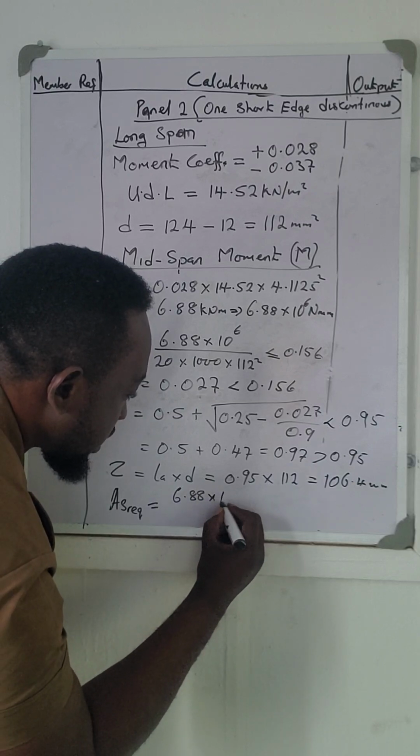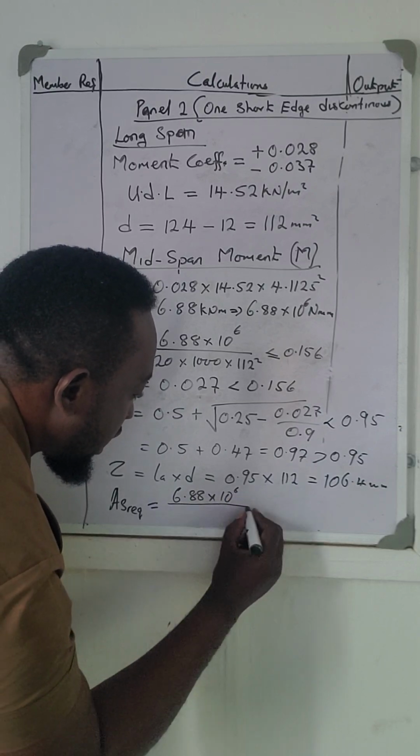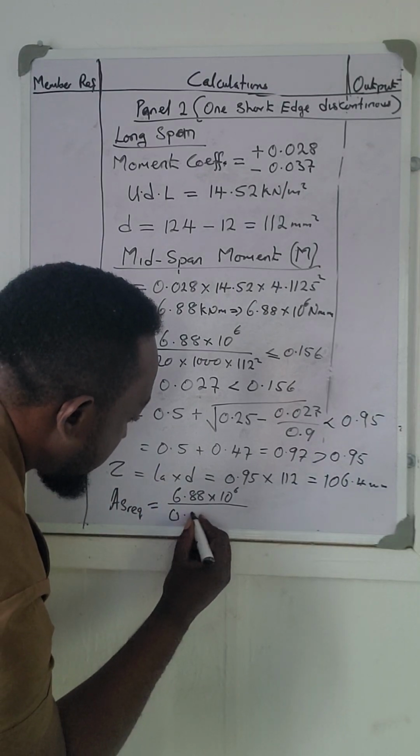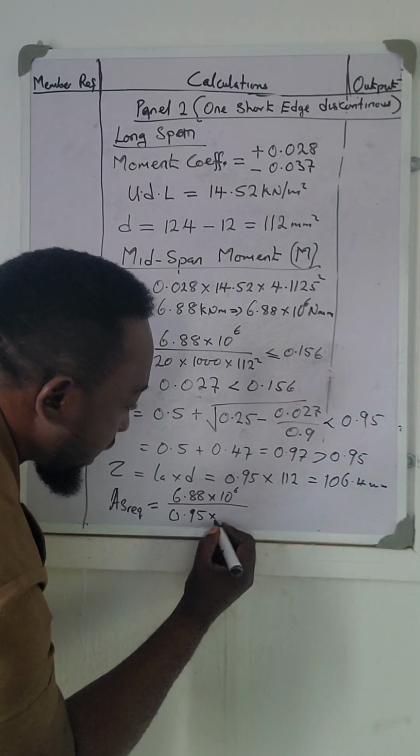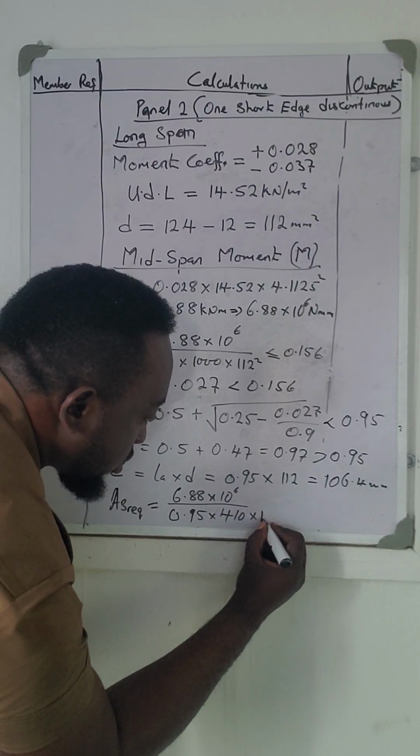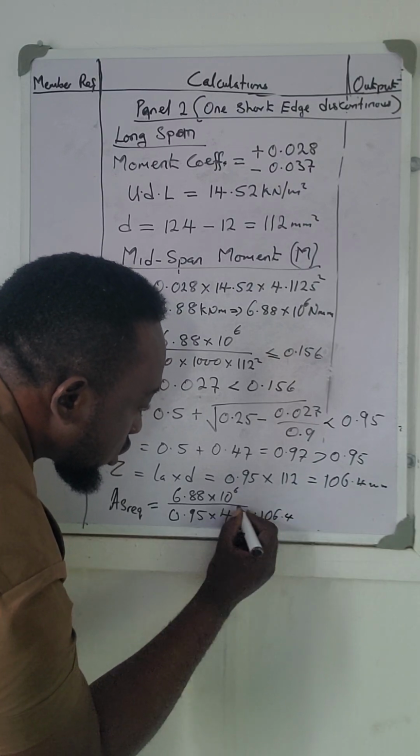6.88 × 10^6 over 0.95 multiplied by the characteristic strength of steel multiplied by Z, 106.4.